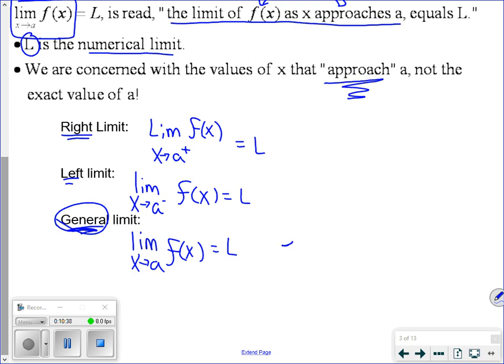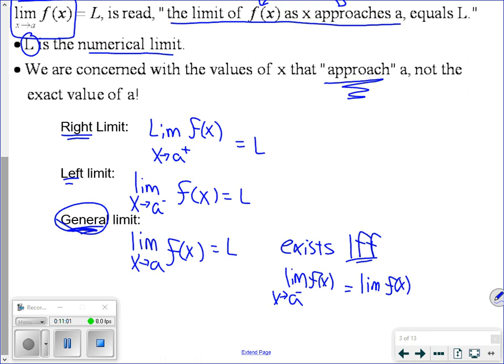So this exists if and only if, IFF means if and only if, and it means that it has to go both ways. It exists if and only if the limit of f of x as x is approaching A from the left equals the limit of f of x as x is approaching A from the right. Okay, so if those two limits match up, I mean, here's an example.